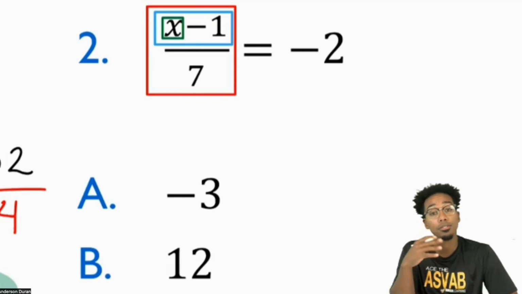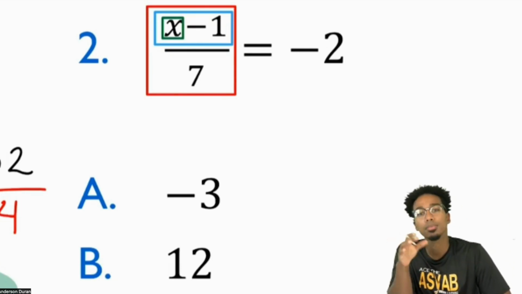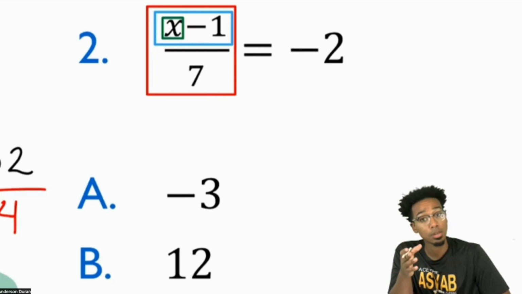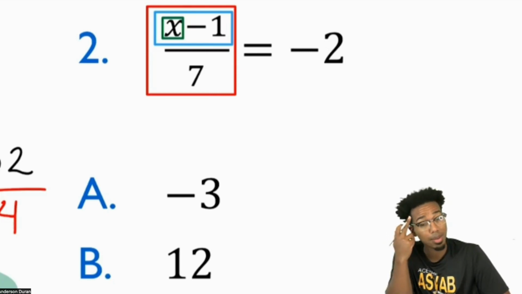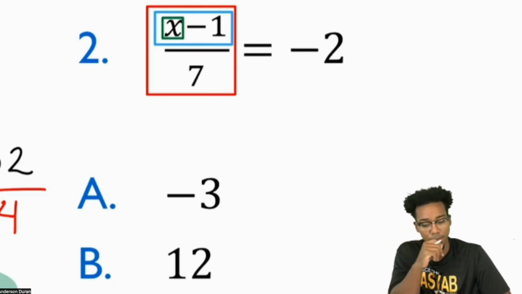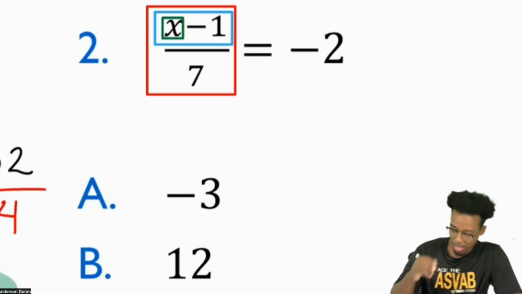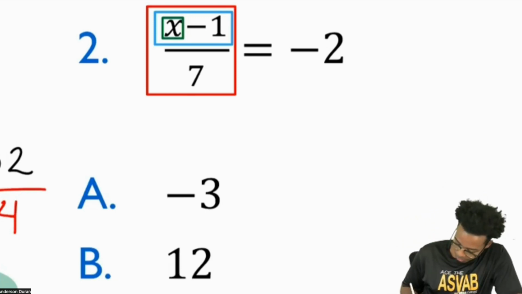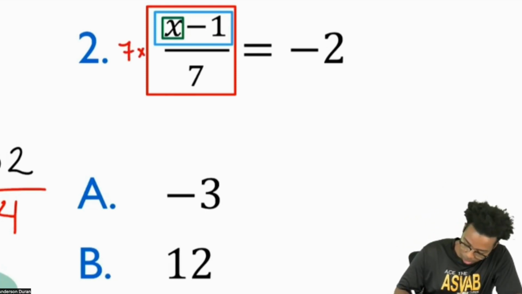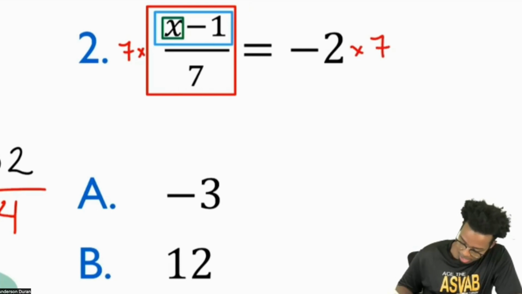So moving forward, it's subtract 1, then divide by 7. Work backwards. The dividing by 7 is the first thing we've got to get rid of. And so we will do the opposite of dividing by 7, and we will multiply by 7.